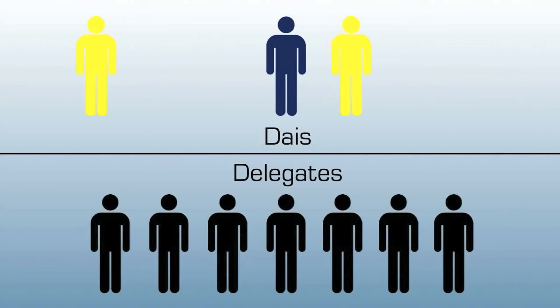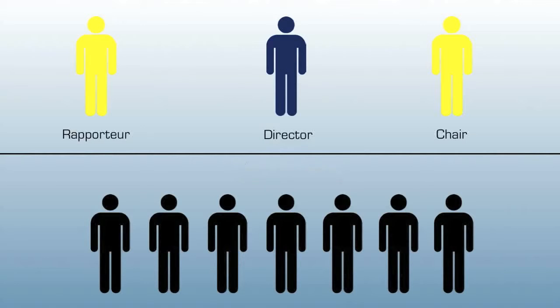Our idealized dais consists of 3 people: a rapporteur, a chair, and a director. The rapporteur is responsible for roll call, for keeping the speakers list, and for counting during voting procedure.